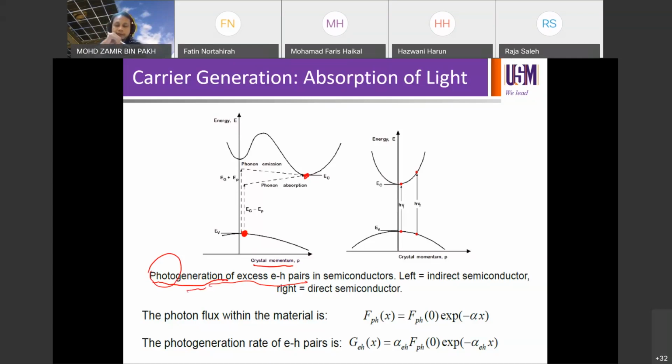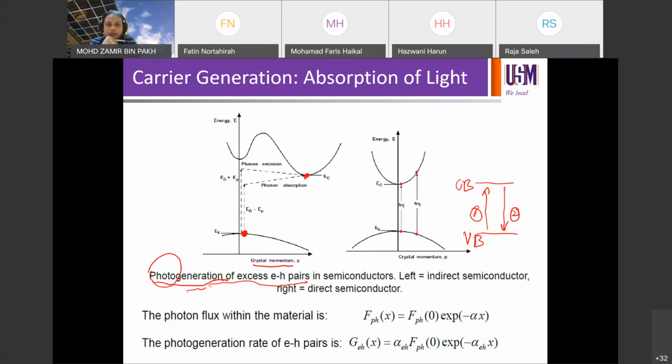So we discussed last time when we talk about transition between valence band to conduction band, we have discussed transition number 1, where the valence electron is excited into the conduction band, and transition number 2, where the electron recombines with a hole in the valence band.